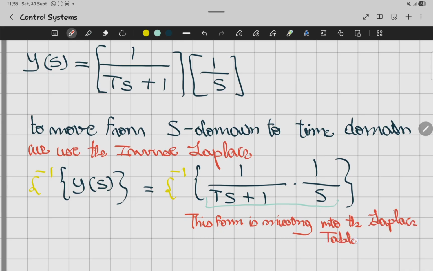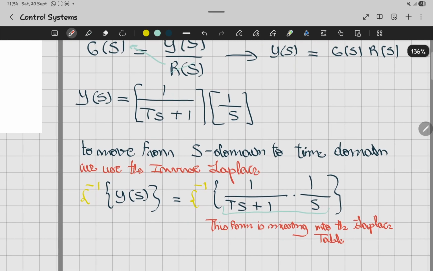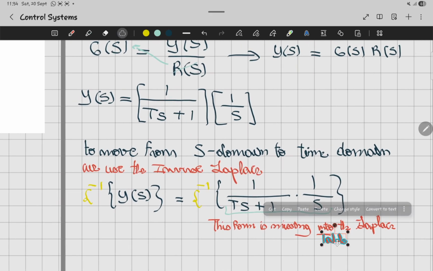If you check the one on the internet, you will see that this form is actually missing.